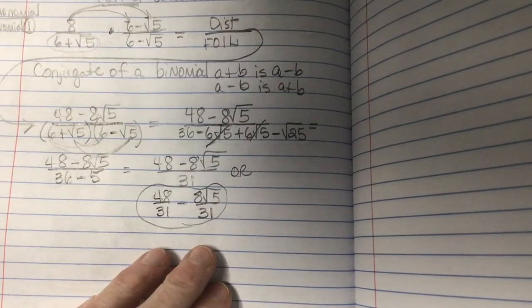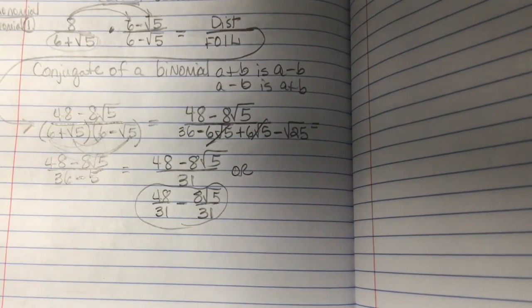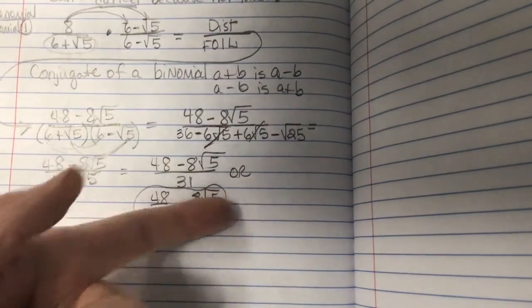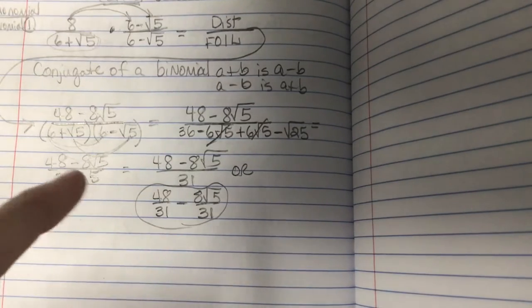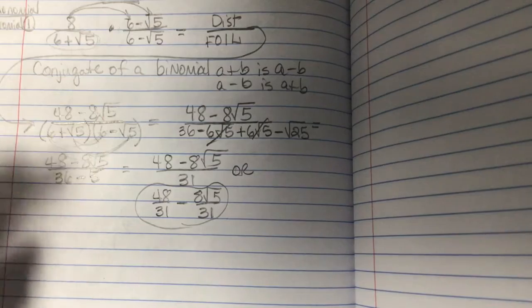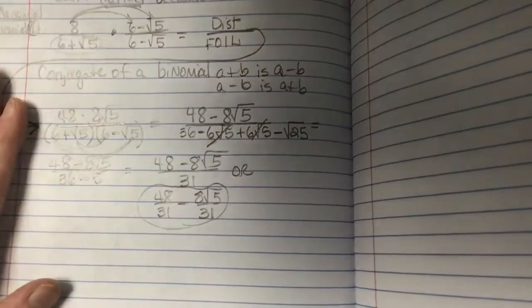But it's so much easier to separate them, and you'll see some in just a minute that will reduce. We're going to start separating them like this, and then you're not tempted to cancel until you get to that last step. Now that's number 1.